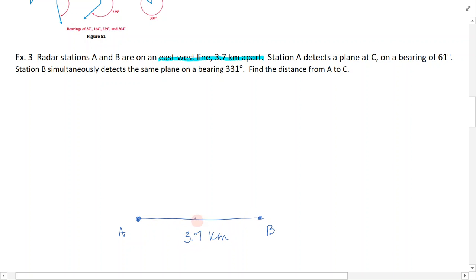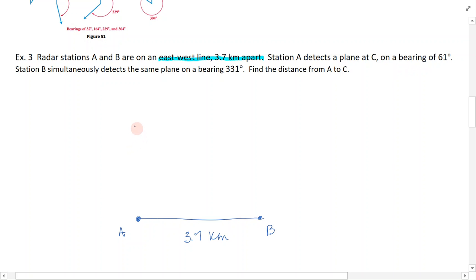And I drew them east to west or left to right. Now, station A detects a plane, which we'll call at location C, and it's on a bearing of 61 degrees. Because of the way that this is stated, that it is simply a bearing of 61 degrees, we are assuming it's based off that due north.